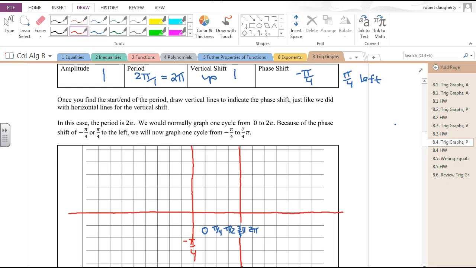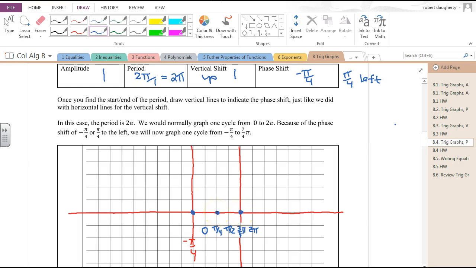So all I did before I even do my graph, it moved up 1, that was the vertical shift. Everything moved pi over 4 to the left. So instead of starting at 0, I'm going to start right here. And now I'm going to graph the sine function just like I always do it, okay? Sine function starts where? 0. It ends at what? Halfway in between is, okay?